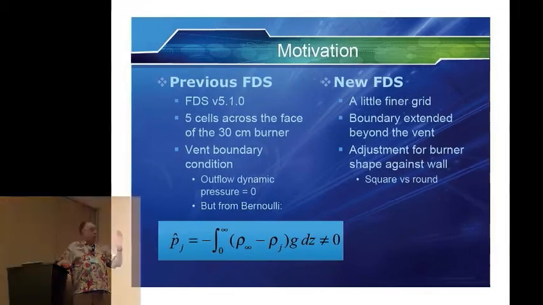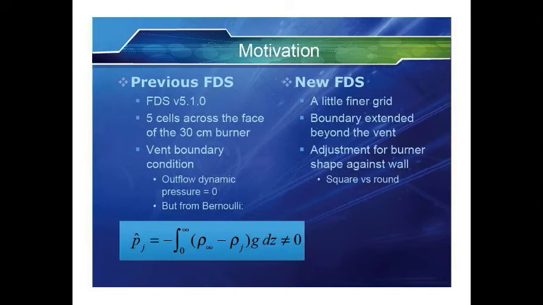The first work Lee did, he put 5 cells across the face of the burner. This is a 30-centimeter burner. When they redid it, I think they put 6 cells across. So it's a 5-centimeter cell size, and I think it's the same as you use in the validation guide. So that was okay.